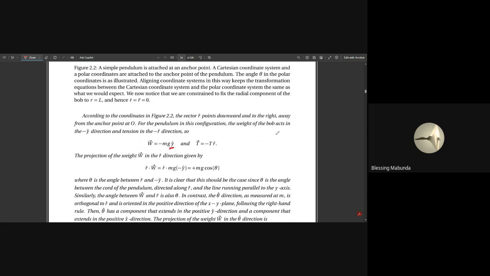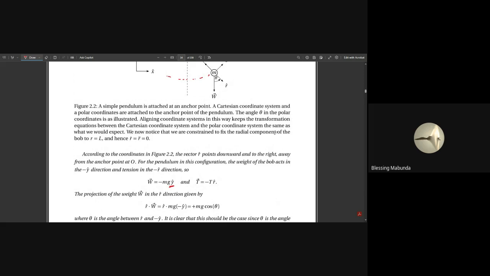The projection of the weight in the r hat direction is r hat dotted with w, simply the component of weight in the r hat direction, which is mg cosine theta. You can also do that with some simple geometry.